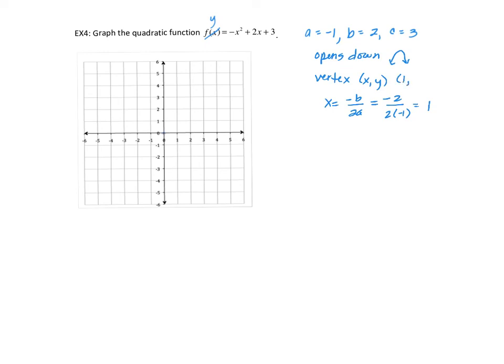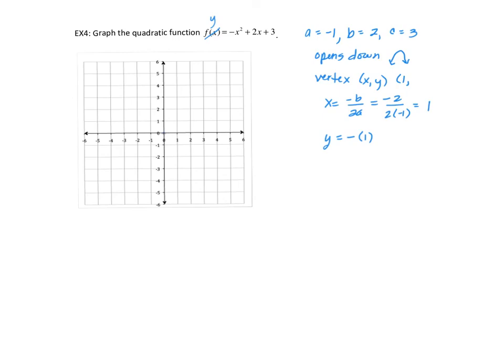So it's 1 comma, find your y value by putting in 1 for x in the equation to get y equal to negative. And here the 1 has nothing to do with the negative in front of that x squared. If the negative x was in parentheses, it would, but the negative is not.